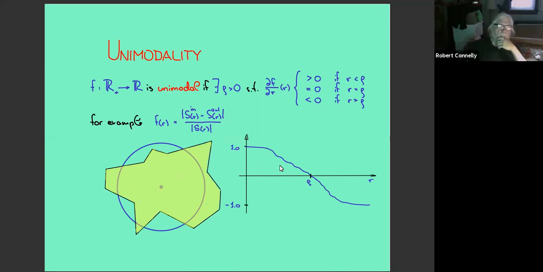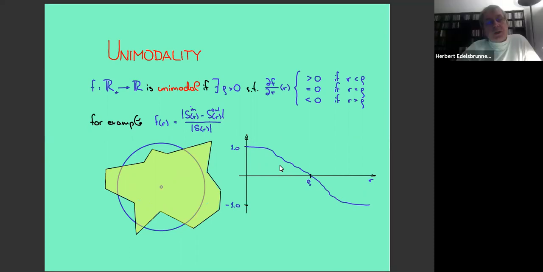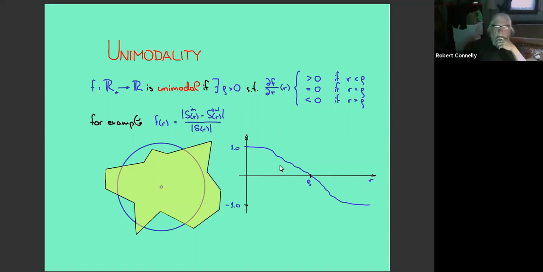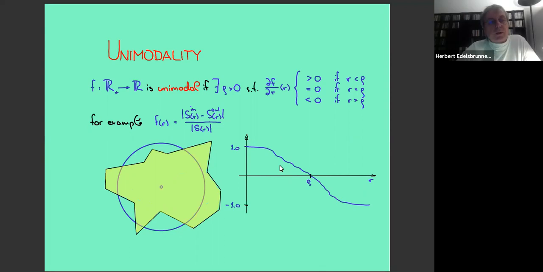Where I cheated a little bit because I talked about fractions, so I don't get exactly the area, but I have to multiply with the length, which keeps changing. So it's slightly more complicated, but not much. And that proves the unimodality.